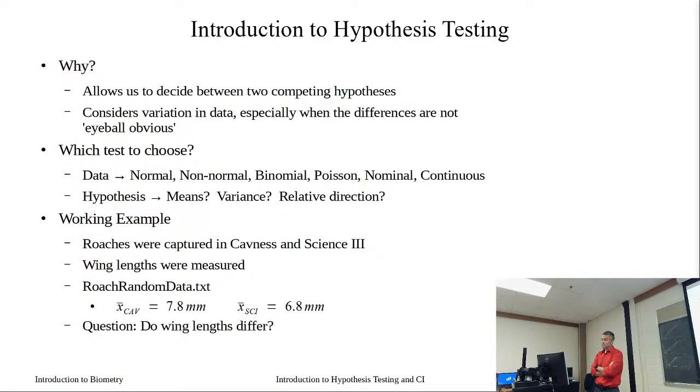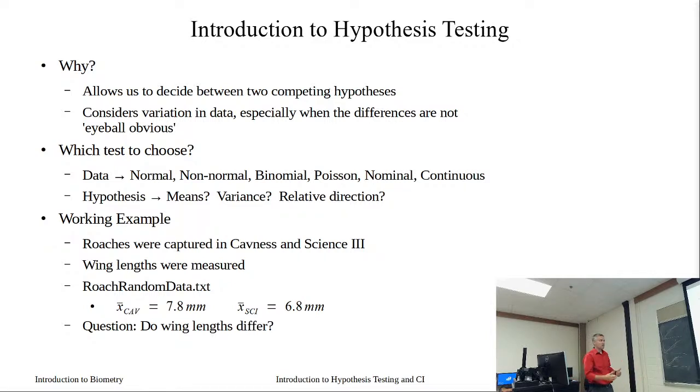The type of test that we run depends on the underlying data. Is it normally distributed? Is it non-normal? Are we working with binomial data? Are we working with Poisson data? Is the data a continuous variable? Is it a nominal variable? And so forth. So there are several things we have to consider that lead us down the path of what tests are available to us.